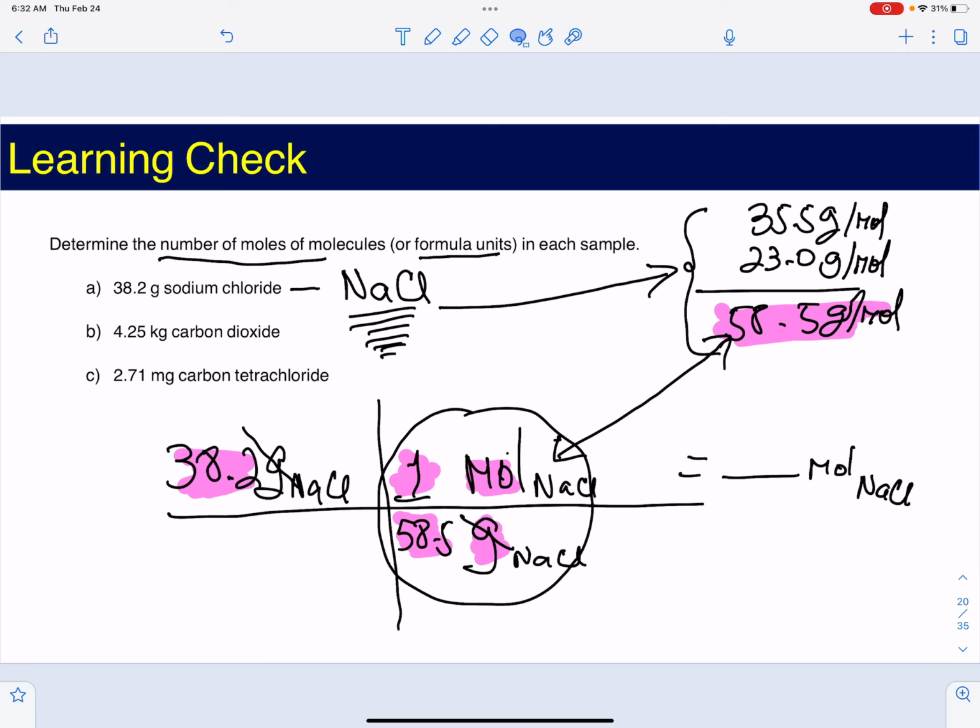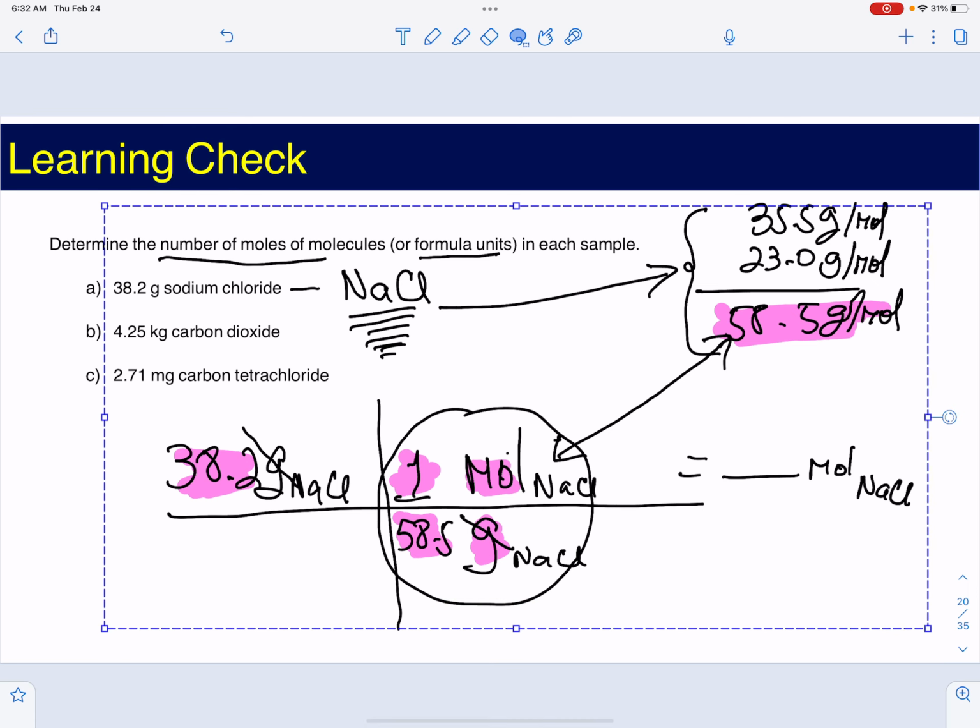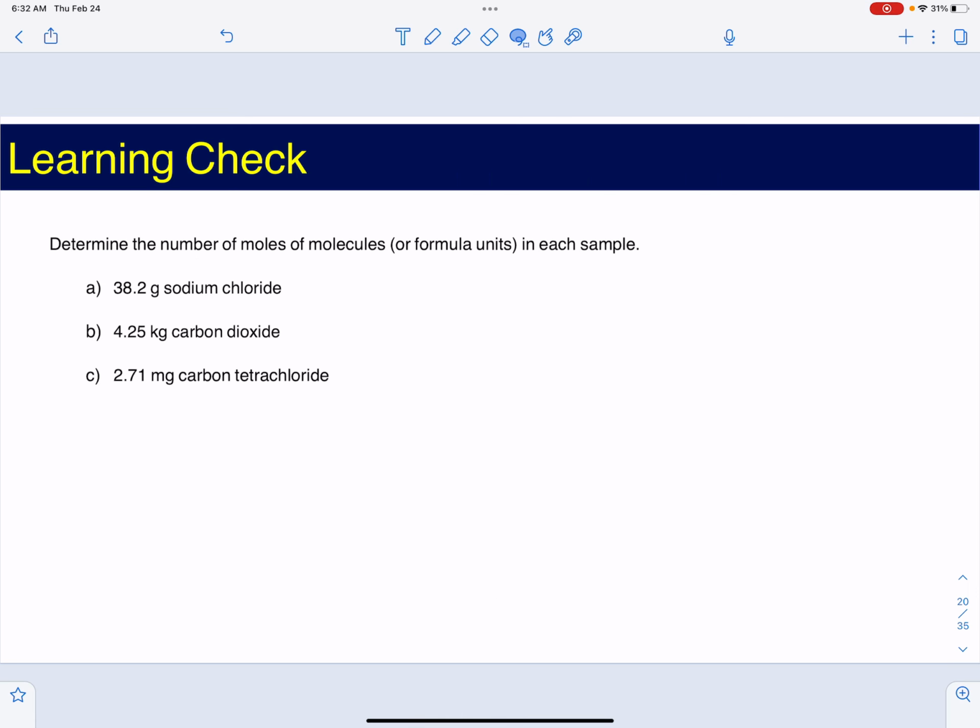Let's do another one. What about carbon dioxide? So once more, carbon dioxide. So 1 carbon, 2 oxygens. So for molecular compounds, we use prefixes.